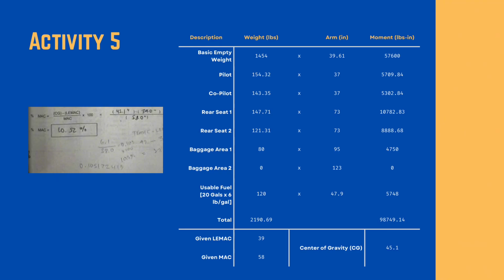This means that our computed center of gravity lies at 10.5% of the MAC, which falls within the acceptable CG range. Therefore, in this activity, our aircraft loading setup is safe and within the safety limits.